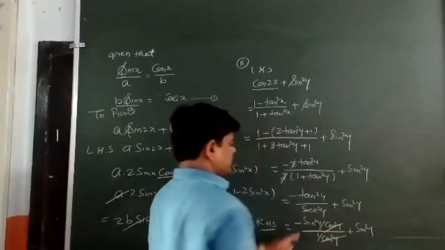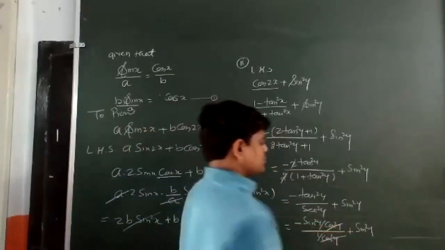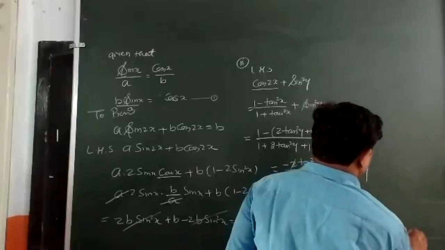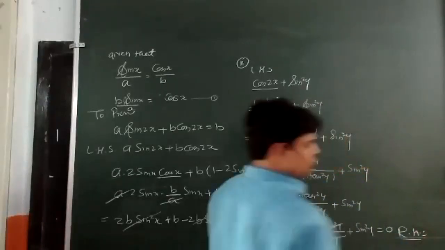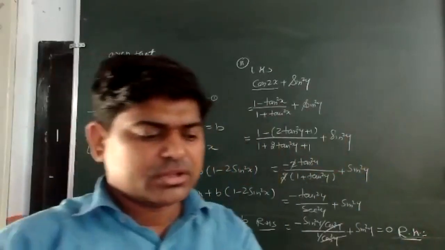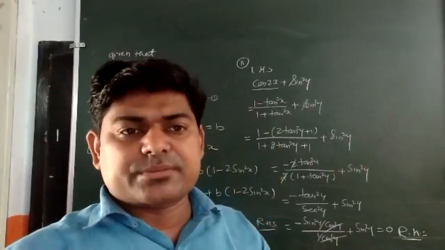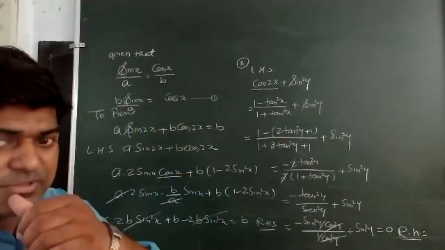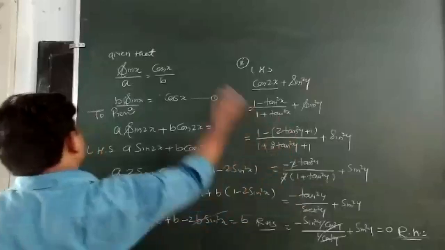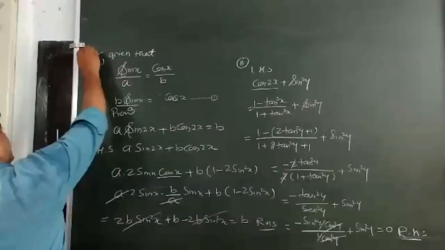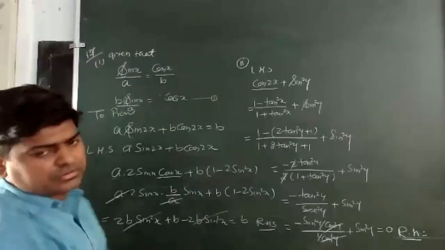We will eliminate it, minus sin square y plus sin square y will be 0, or not? It is also the result of question number 17 second part. You may take a screenshot of these two. 17 first, and that was 17 second.